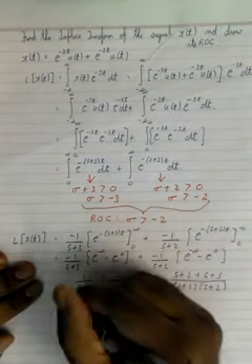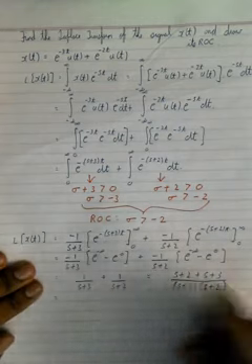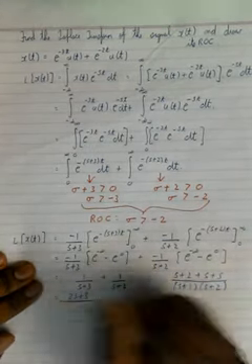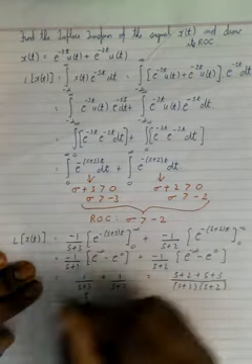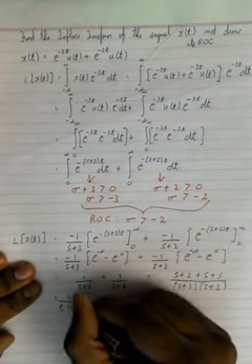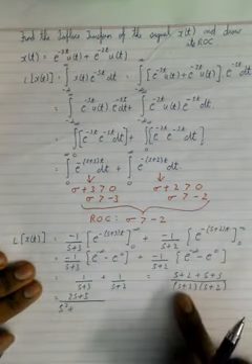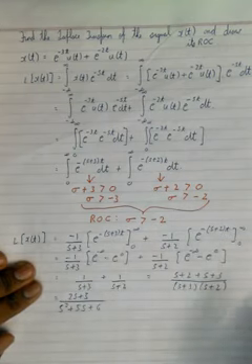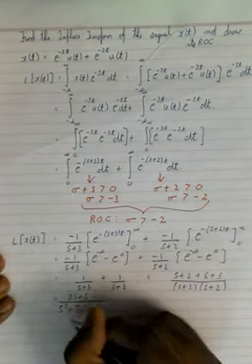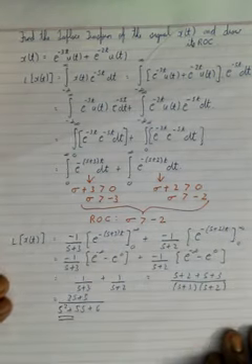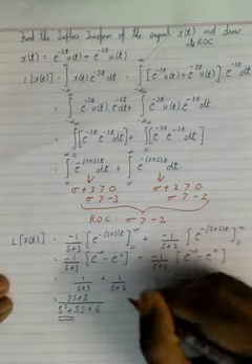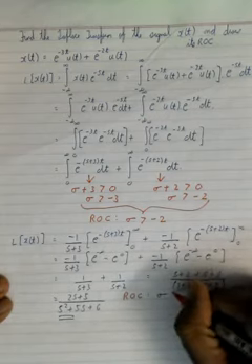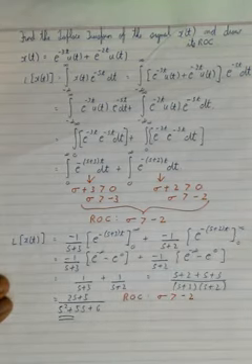So this is also equal to 2s plus 5 divided by, if you multiply these two denominators, s square plus 5s plus 6. This is my Laplace transform of the given question. And here my region of convergence is given by sigma greater than -2.